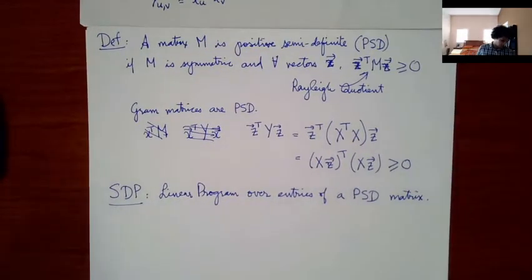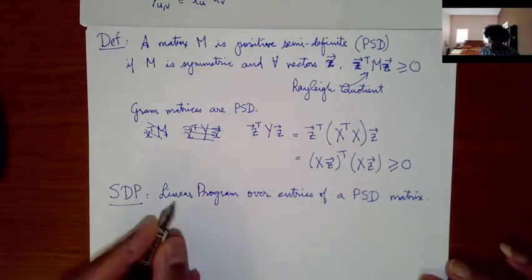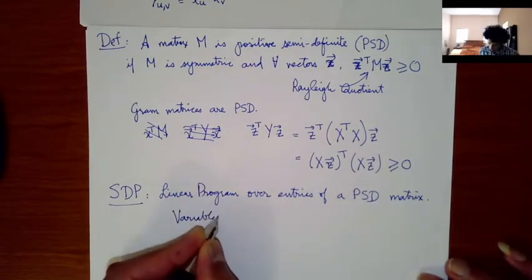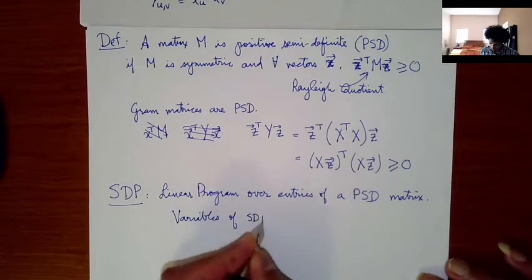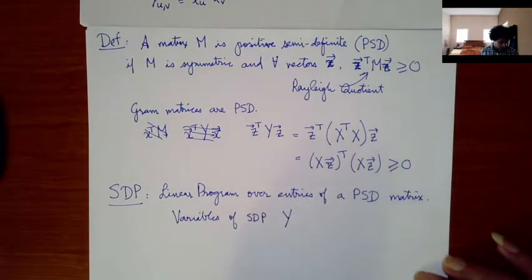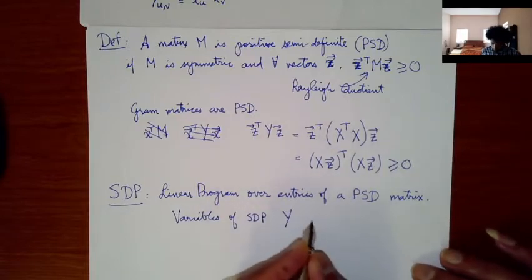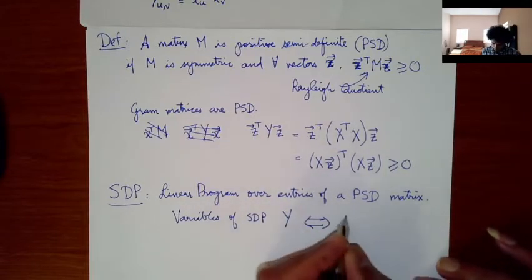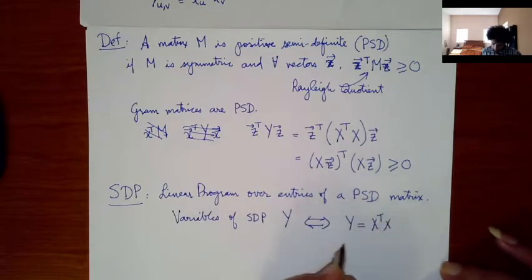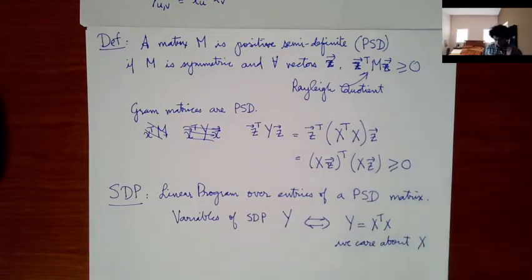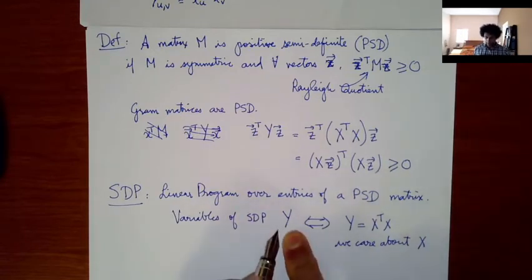Any questions about this? So again, in the linear program over here, the variables of the SDP you should think of are Y, although we said Y is equal to X transpose X, and we care about X, not Y. So if you solve the SDP, you will get a matrix Y, the matrix of dot products.